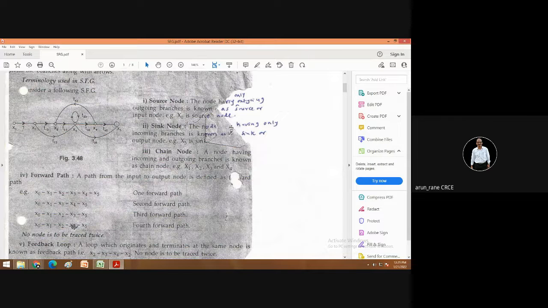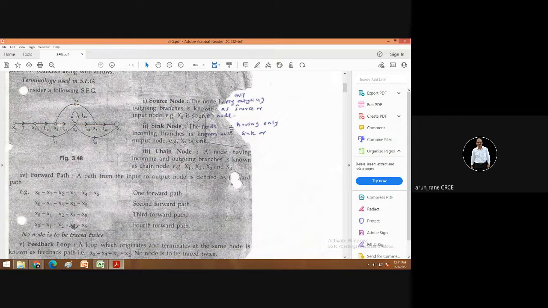x0, x1, x2. Is there any fourth forward path? x0, x1 is one, another is like this, then next is like this.